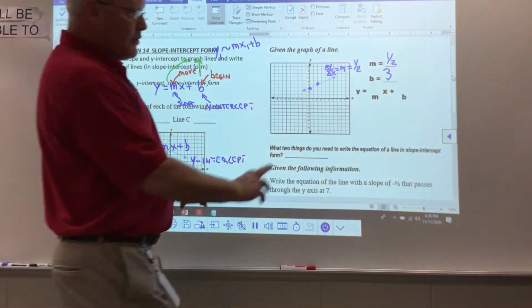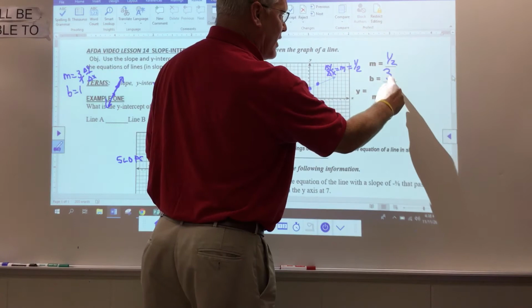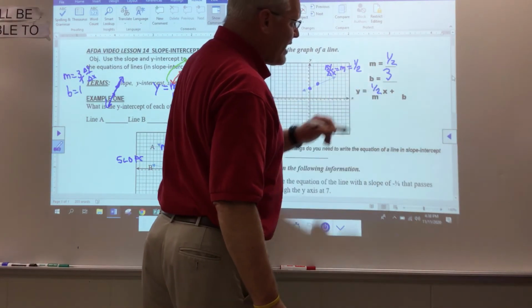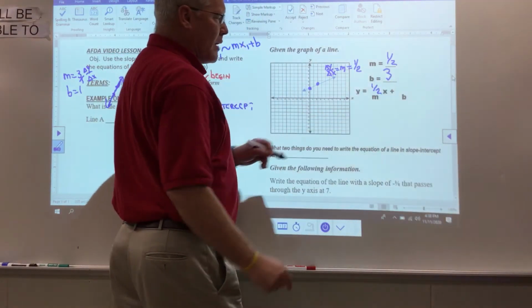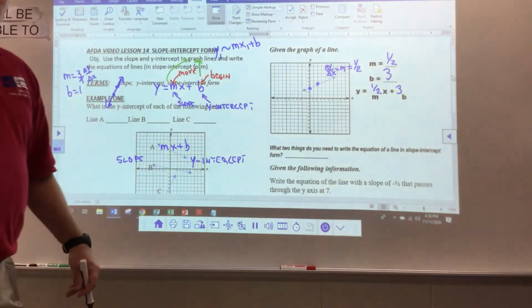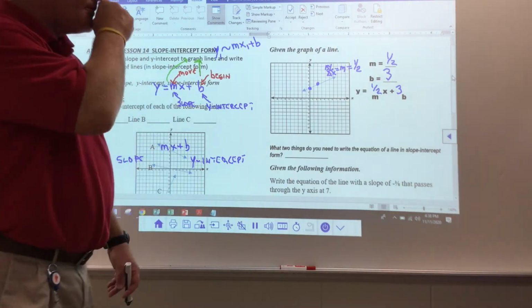Now, all you have to do to write the equation of a line in slope-intercept form is take this value of m, 1/2, write that in front of the x, take this value of b, which is our y-intercept, which is 3, and write that behind the x. Now you've written the equation of a line in slope-intercept form from a graph.